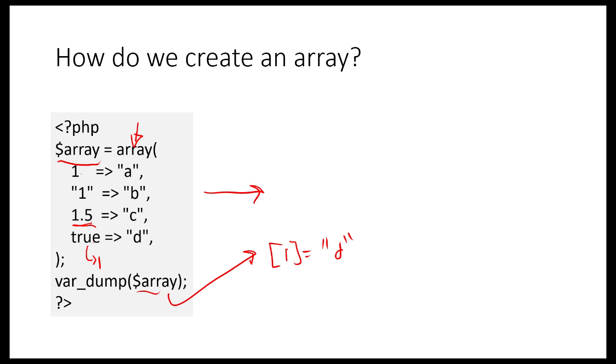Even though it's going to overwrite these, so it's going to store this, and then it's going to store a, and then it's going to say, oh, there's a 1 equal to b, so it's going to overwrite it, and then 1 equals c, then 1 equals d. It's not going to give you true equals d. It's just going to give you 1.